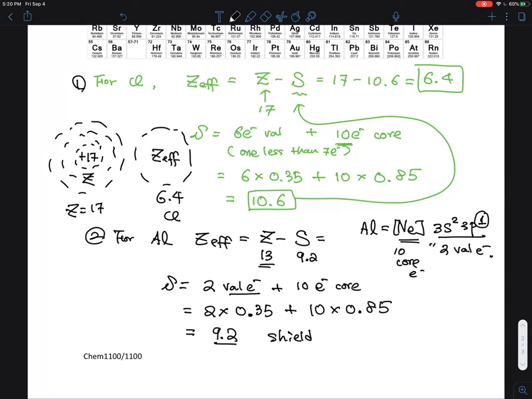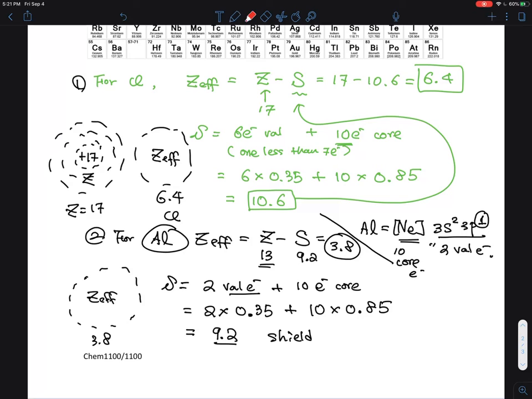Overall, for aluminum, Z minus S is 13 minus 9.2, which is 3.8. So for aluminum, Z effective is 3.8.